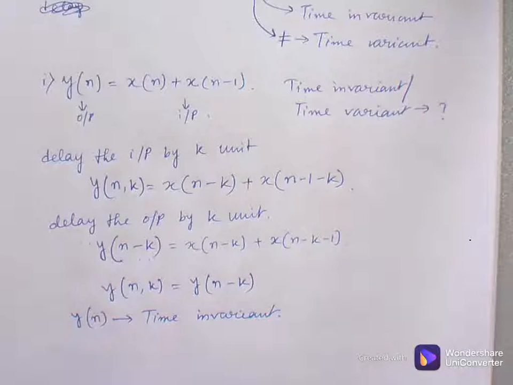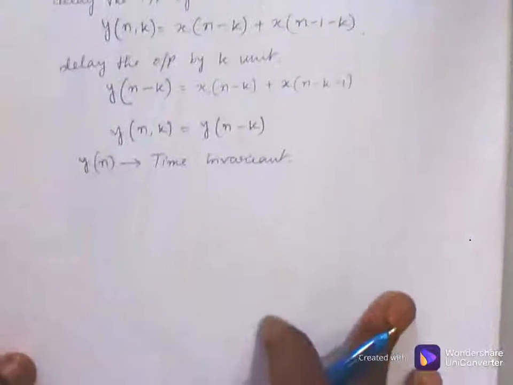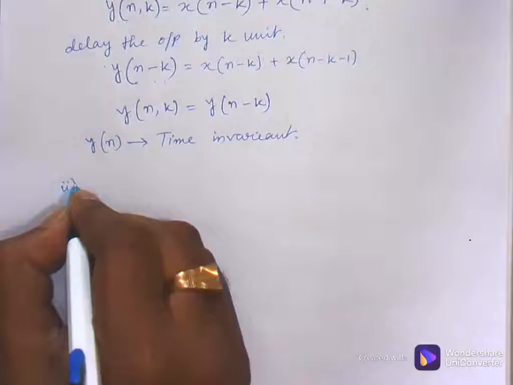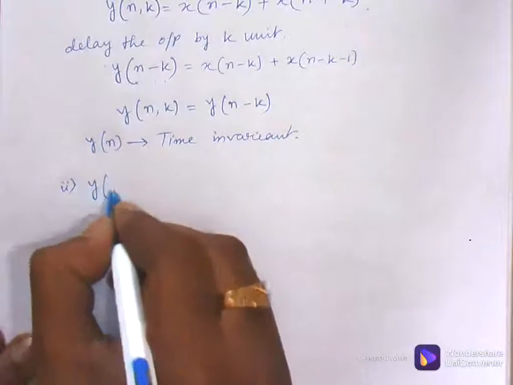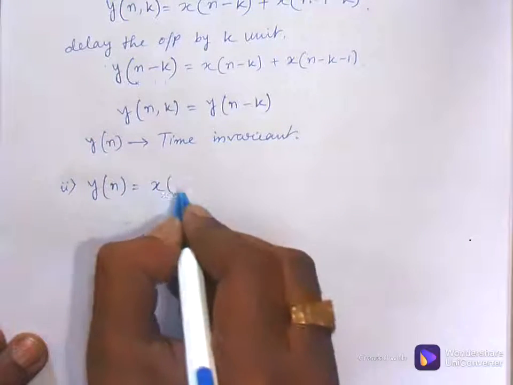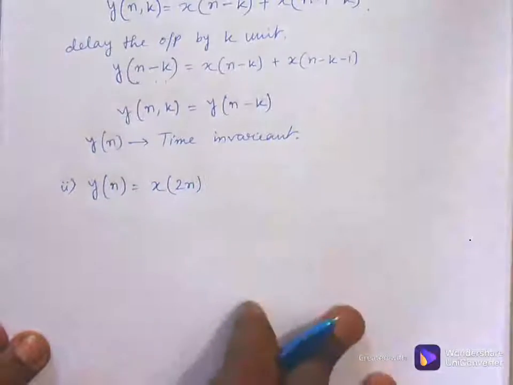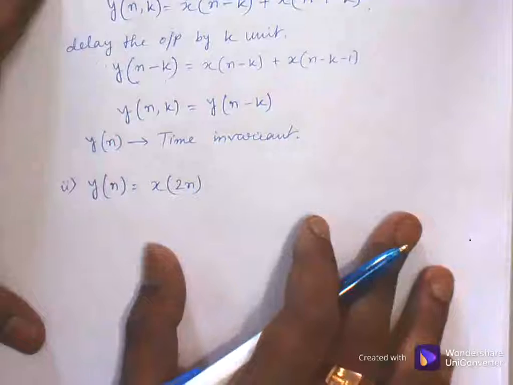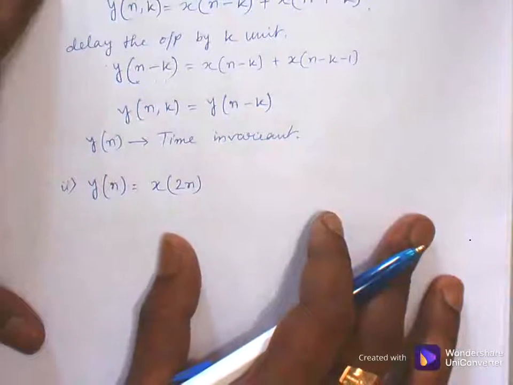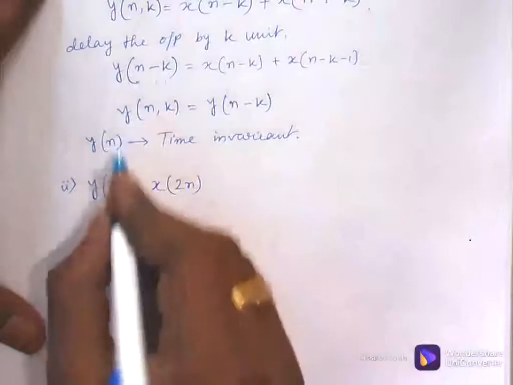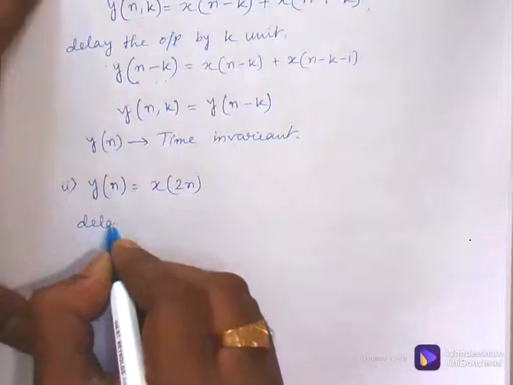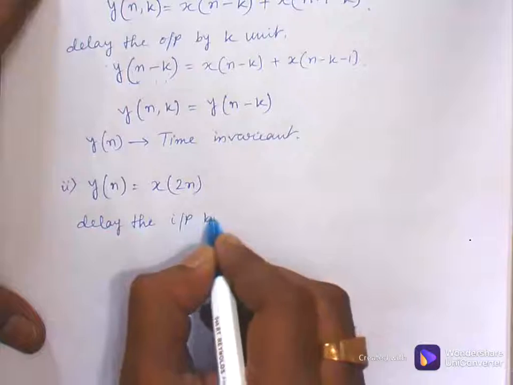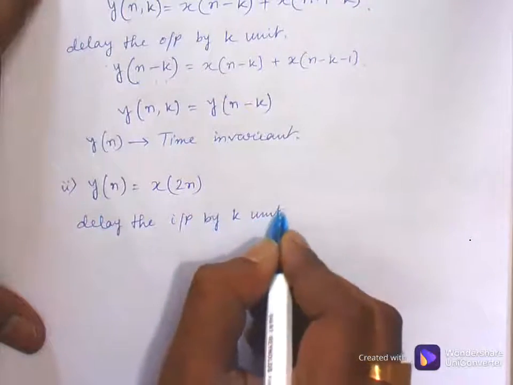Okay. Now let us consider another example, that is y of n equal to x of 2n. Same procedure I am applying, that is delay the input by k unit.